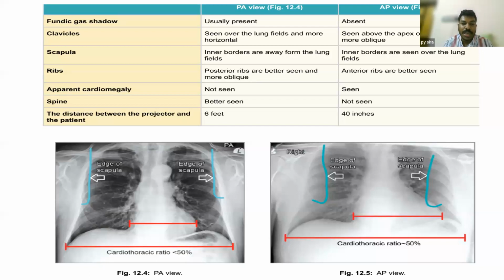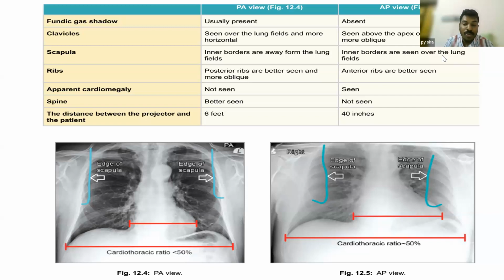Then ribs. Posterior ribs are better seen in PA view, and they are going to be more oblique, whereas in AP view the anterior ribs are more commonly seen, and they are more bent and horizontal. Apparently cardiomegaly is not seen in PA view.